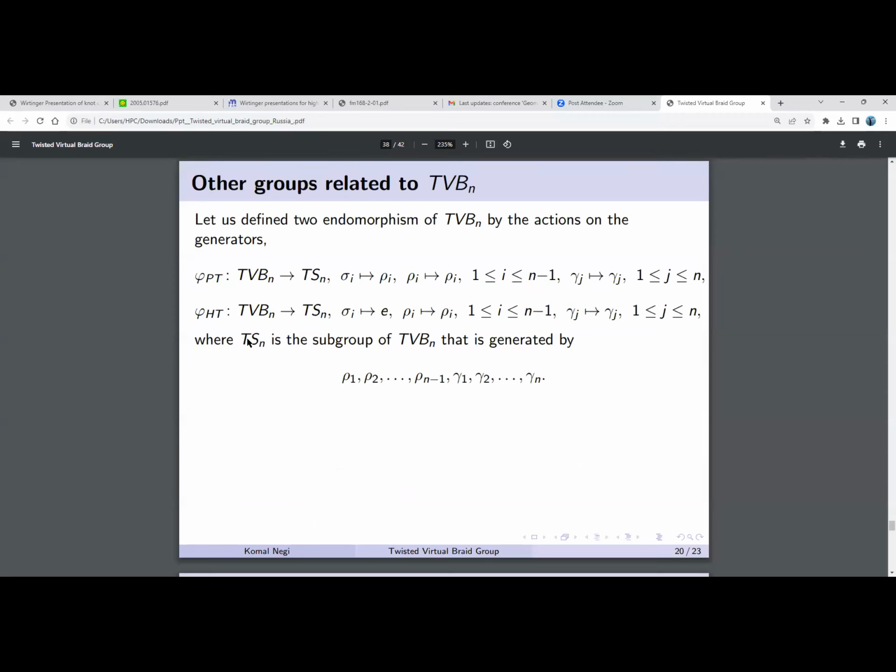Now, if we change our map, we can construct other subgroups of TVBN also. Here, we have defined two endomorphisms of TVBN by their action on the generators. The first one is phi PT, where sigma i maps to rho i, rho i maps to rho i, and gamma j maps to gamma j. And the second one, sigma i maps to identity, rho i maps to rho i, gamma j maps to gamma j, where TSN is a subgroup of TVBN generated by the rho i's and gamma j's.